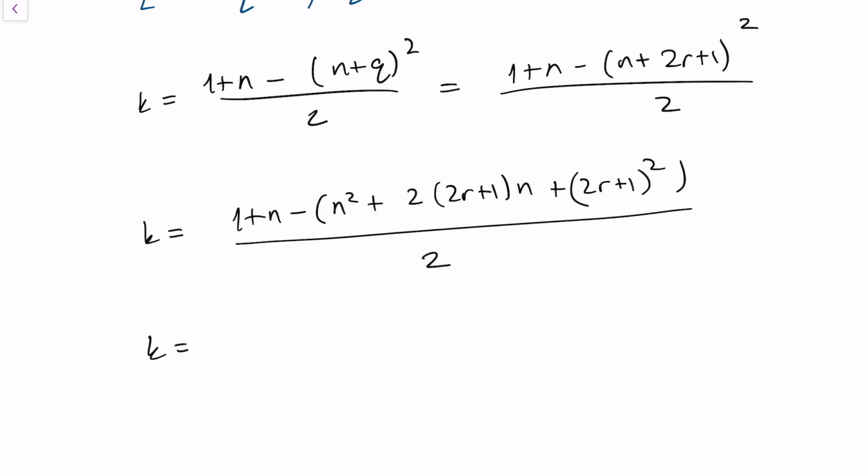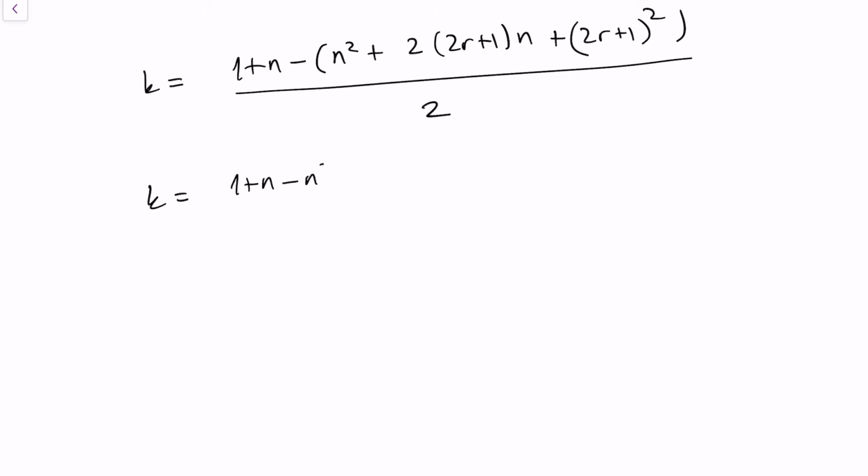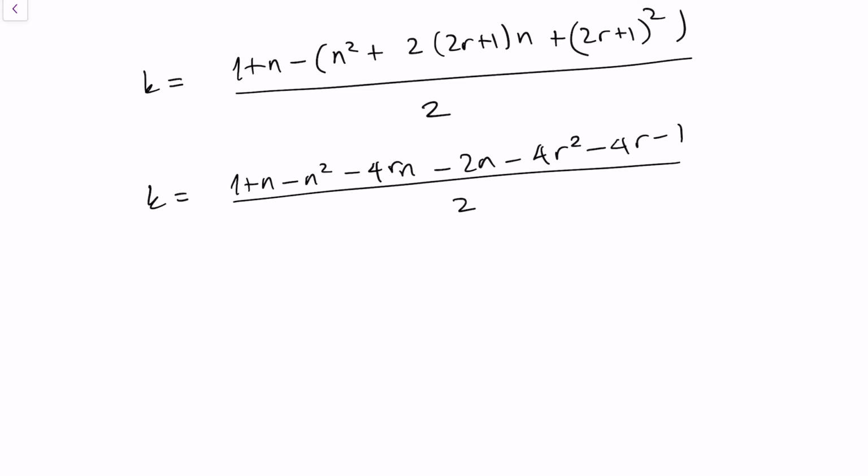So k is equal to 1 plus n minus n squared minus 4rn minus 2n minus 4r squared minus 4r minus 1, all divided by 2. So in other words, if we do the simplifications here, we have plus n minus 2n, so we will have minus n squared minus n.